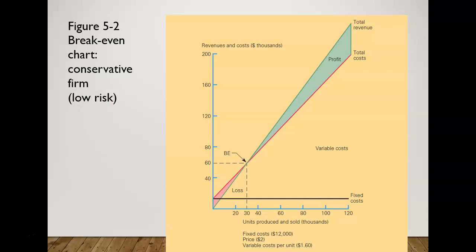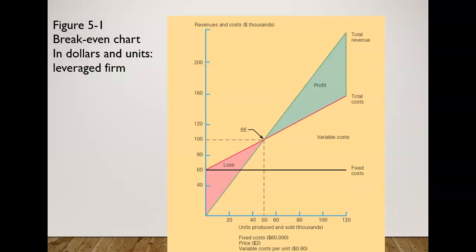So here is part of the issue. Break even would be less, which means that this firm would be less exposed than a less conservative firm, as represented by this chart.